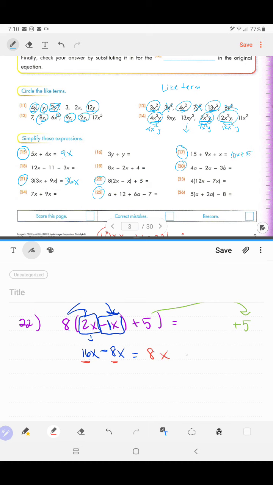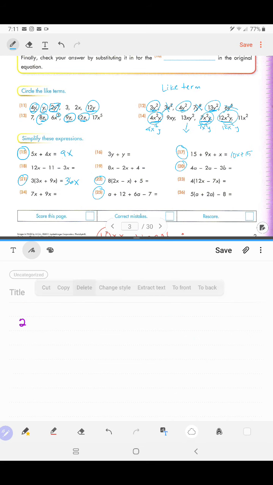So your whole answer is 8x plus 5. Again, this 5 is the same. So this one was 8x plus 5.